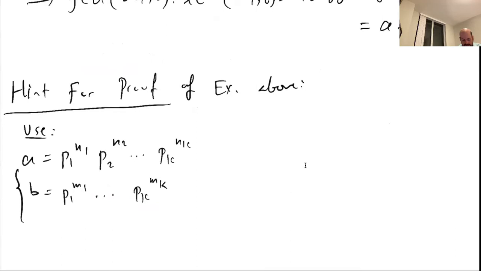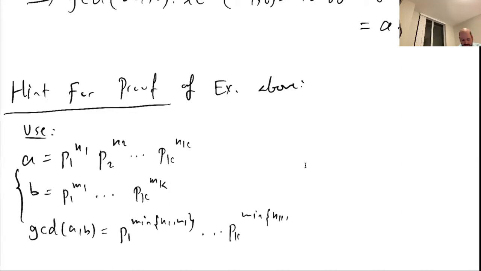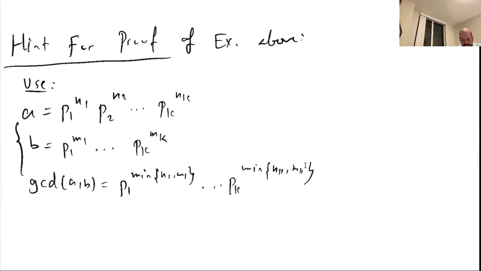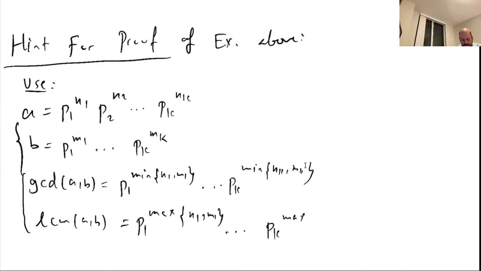Then the GCD of A and B is P1 to the power minimum of N1 and M1, ..., Pk to the power minimum of Nk and Mk, and the LCM was P1 to the power maximum of N1 and M1, ..., Pk to the power maximum of Nk and Mk.